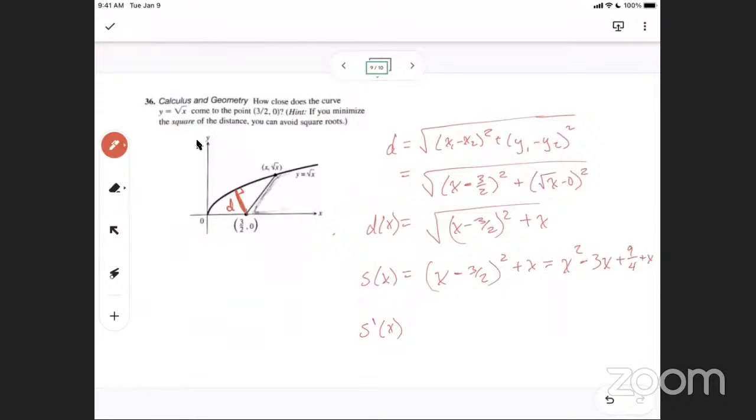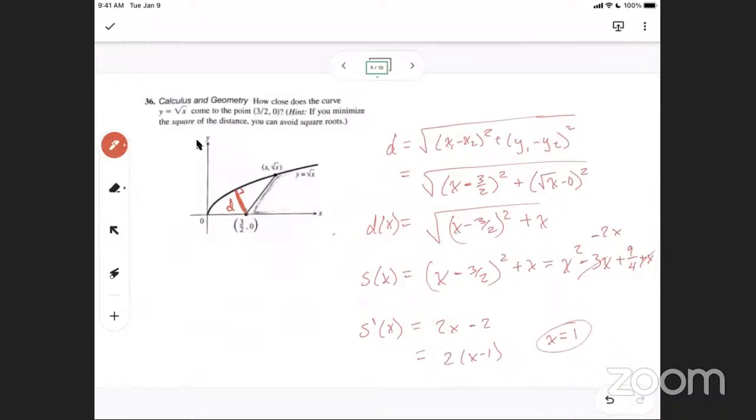Yeah, that's right. So this just becomes negative 2x. So the derivative of this is going to be 2x minus 2. So 2x minus 1. So where does it equal 0? At x equals 1. At x equals 1 is the answer.